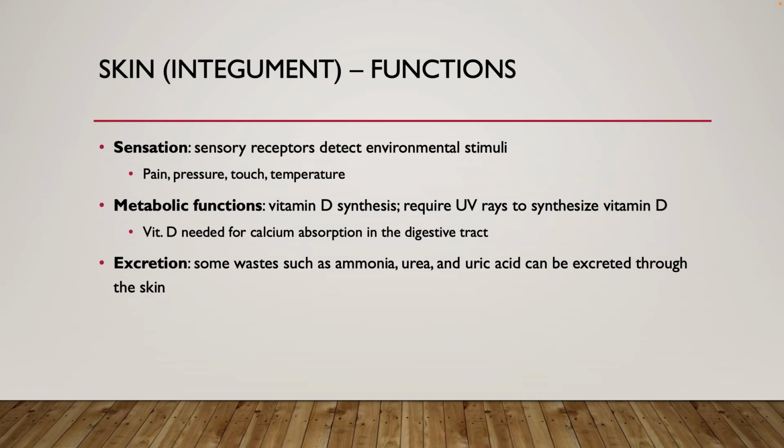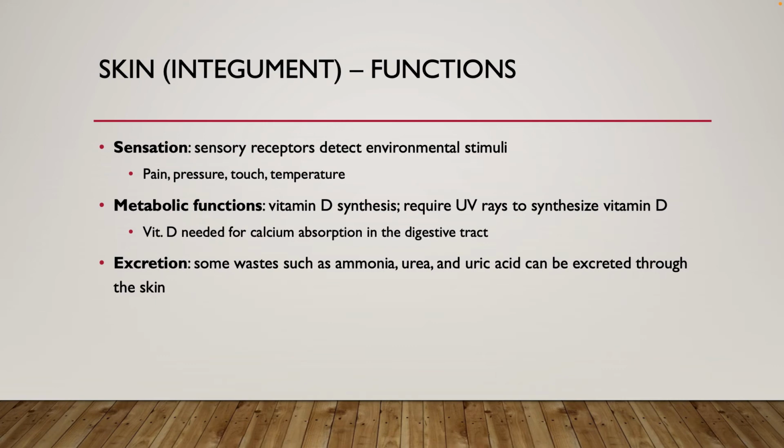Whenever you eat something that contains calcium, you ingest it, you break it down, and a large part of this process of absorption within our small intestine requires vitamin D, this calcitriol, to be present. If you are vitamin D deficient, you would likely have a calcium deficiency as well.